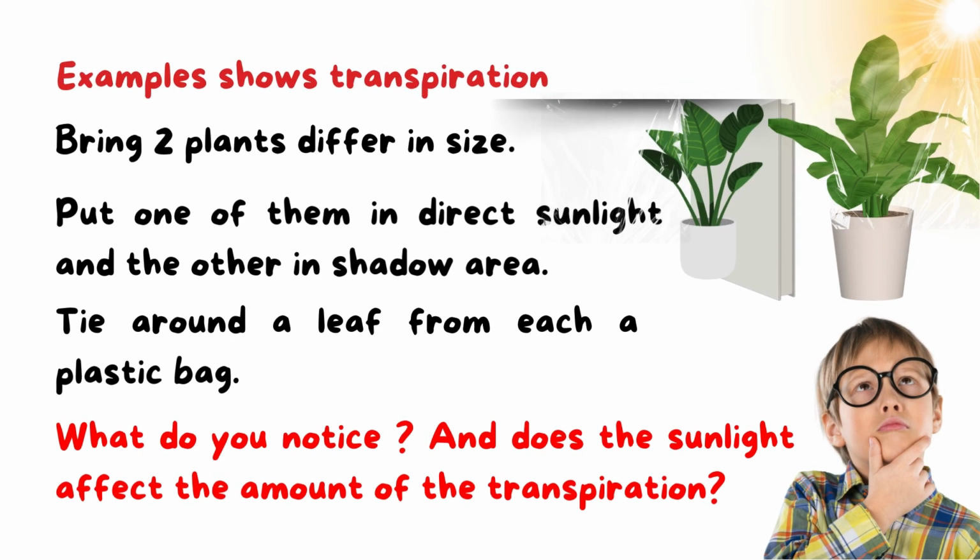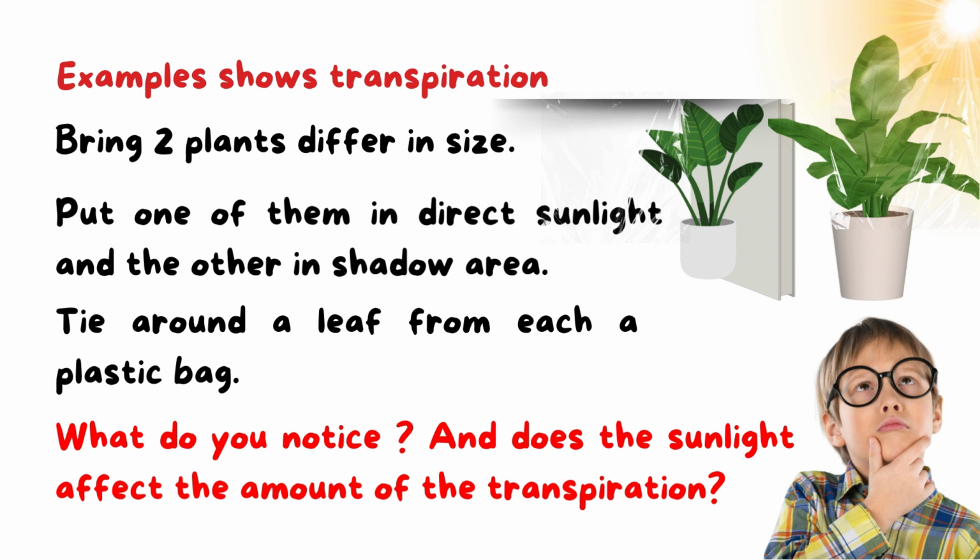Now we will see transpiration in this experiment. We bring two plants that differ in size, one big and the other smaller than it. Put one of them in direct sunlight and the other in a shaded area.